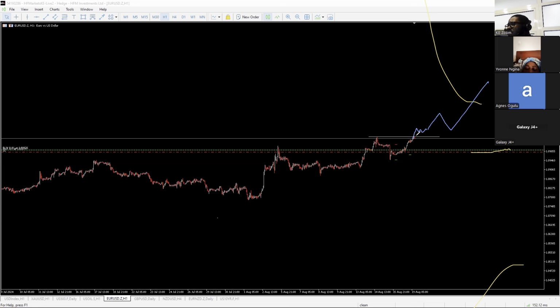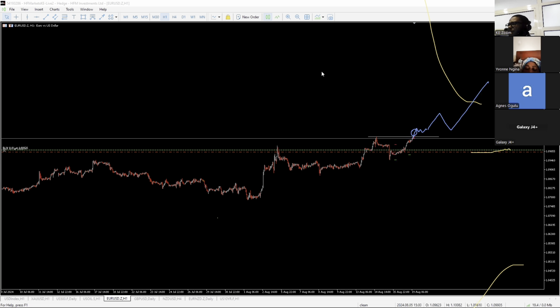If such a move happens, I know very well that if I have my entry around here, then I ought to have my stop loss below this key level of resistance, which will potentially transition to support. Not so obvious, but potentially. So let me just magnify this chart a little bit.